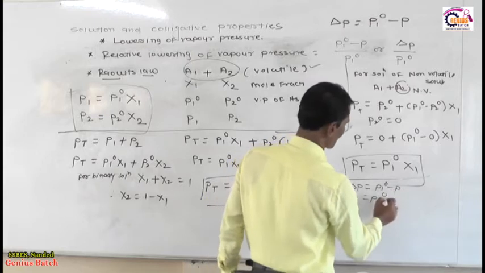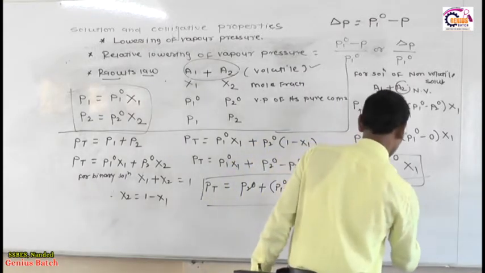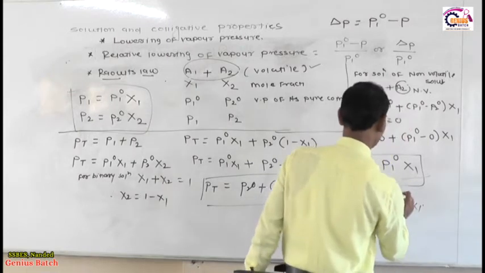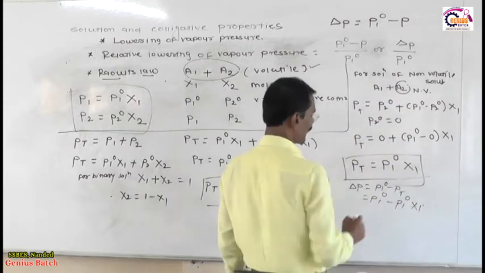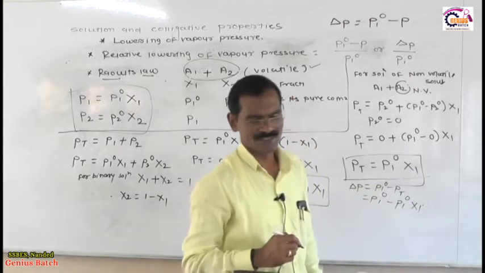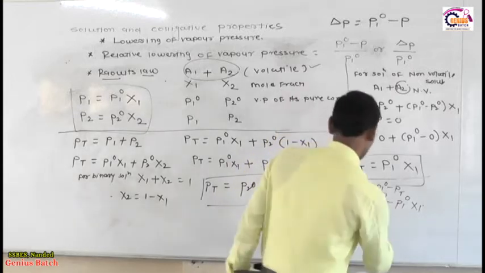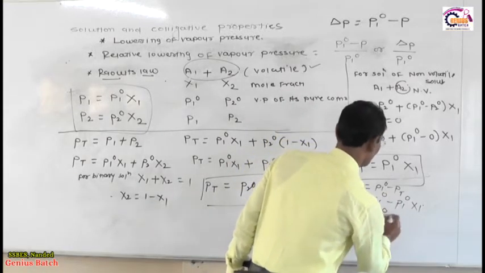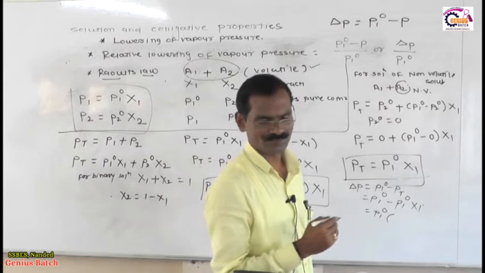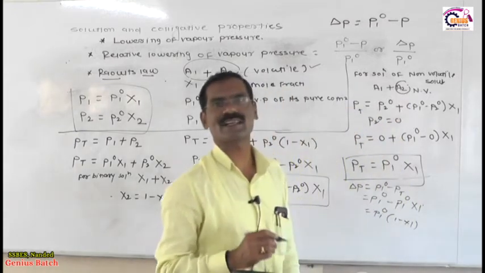P1⁰ minus, the total pressure is P1⁰ into x1. So the value of Pt is P1⁰ x1. Therefore we write it this way: P1⁰ in bracket, 1 minus x1. P1⁰ (1 minus x1).